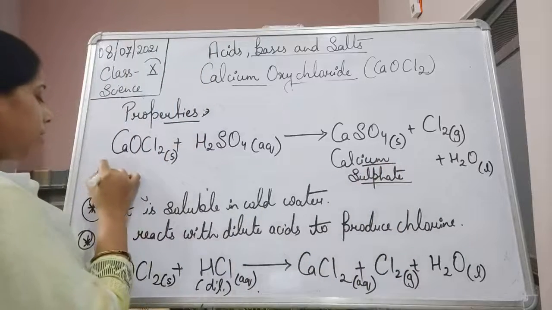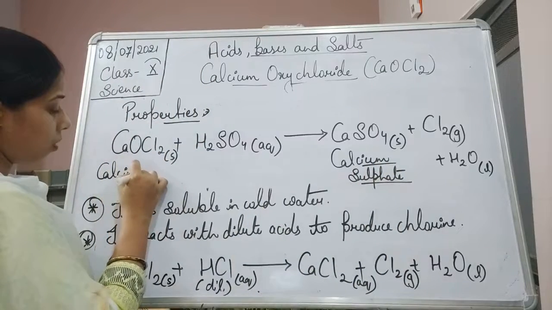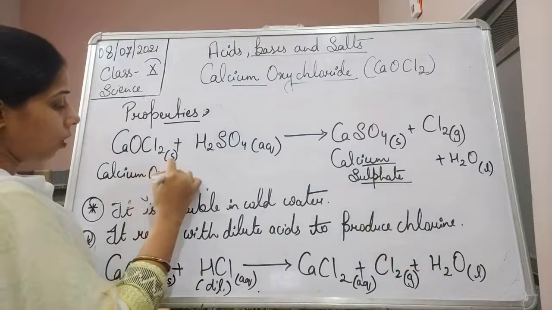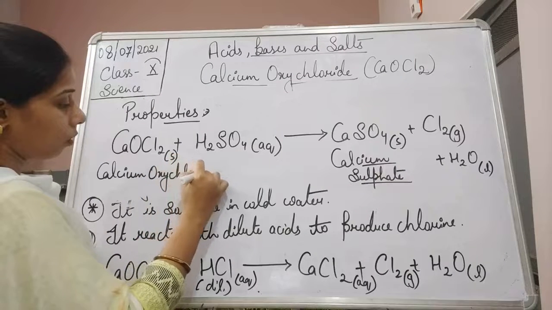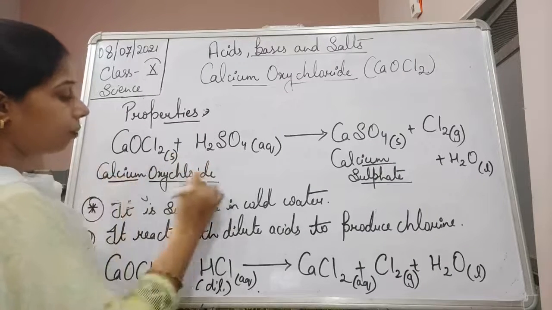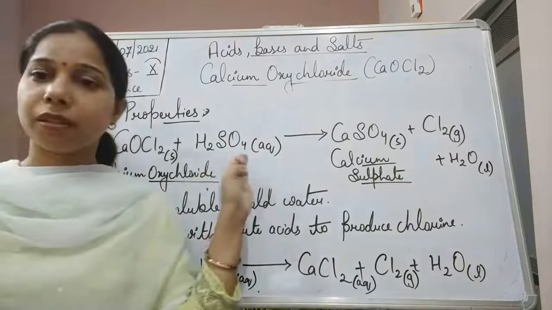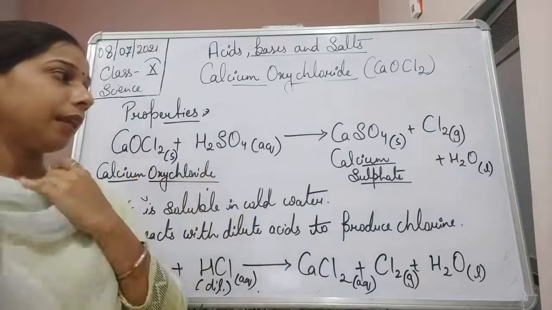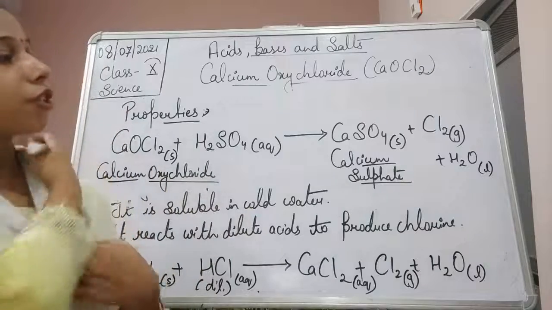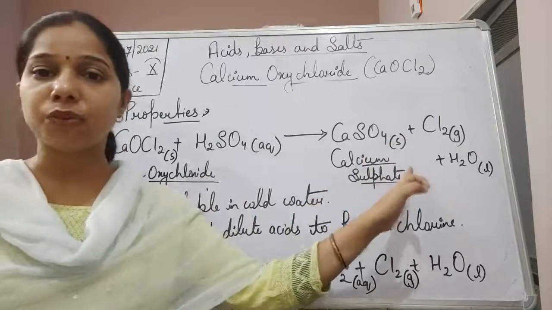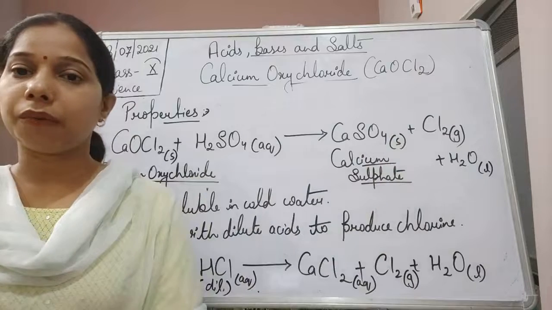This is calcium oxychloride. Calcium oxychloride will react with the dilute sulfuric acid, and thus there is a formation of calcium sulfate. Chlorine gas is released and water is formed along with it.